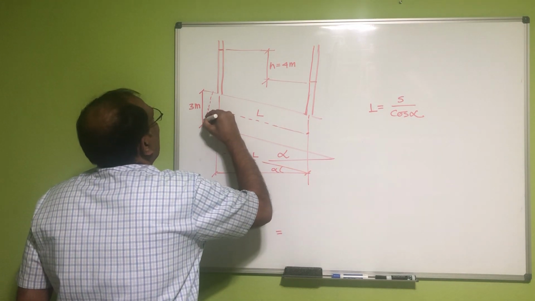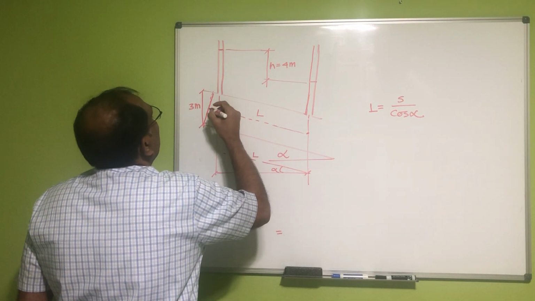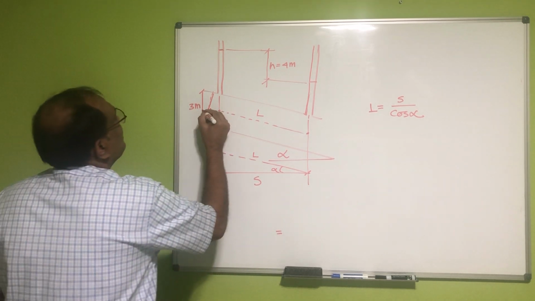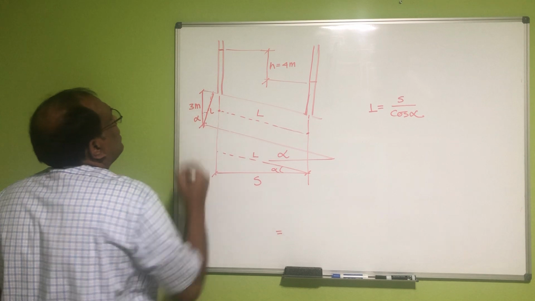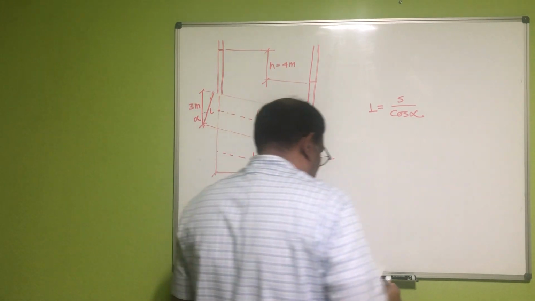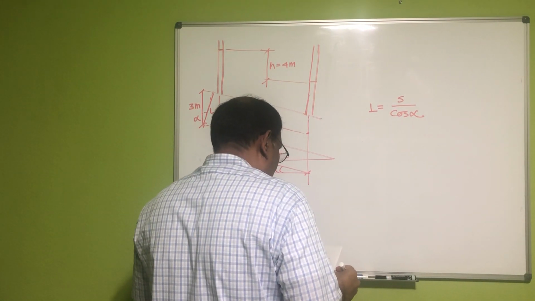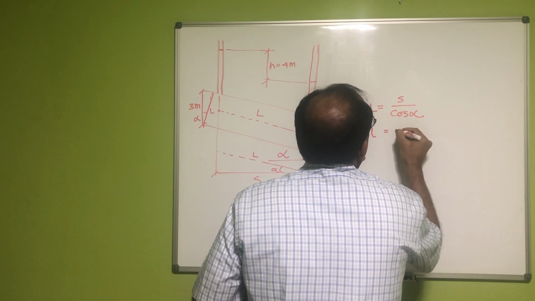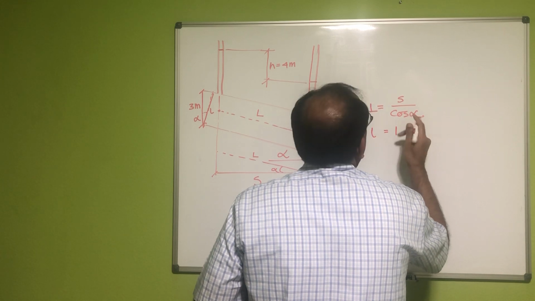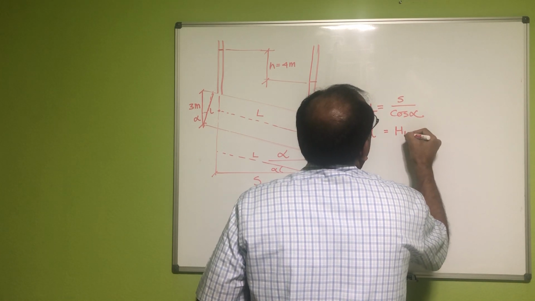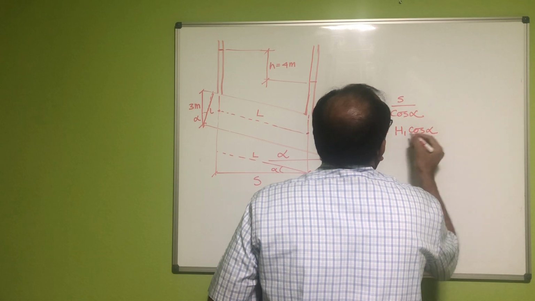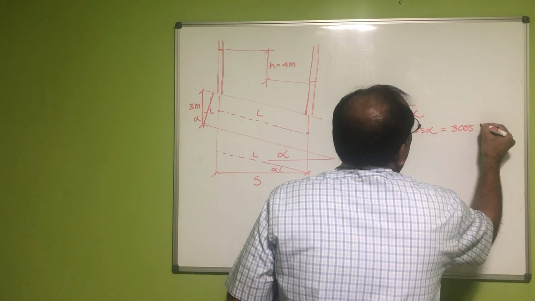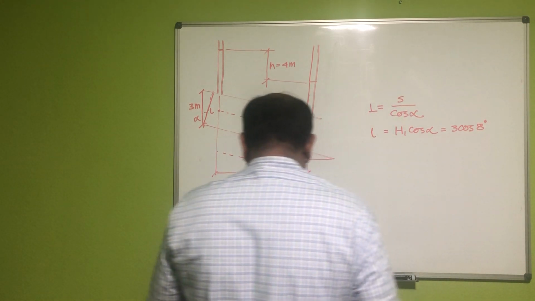So the area would be this multiplied by, let's say this is L here, and this angle is alpha here. So L is basically H1 cosine alpha, which is 3 cosine 8 degree, alpha equal to 8 degree here.